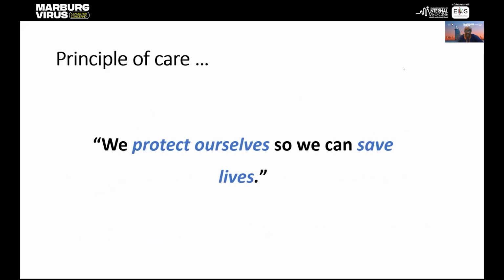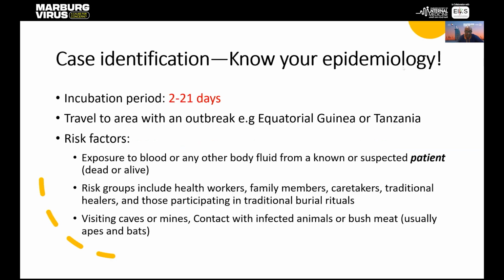So the principle of care for a patient with high consequence infectious diseases is we protect ourselves and our staff so that we can then save lives. We don't expose staff to a potentially lethal infection and end up with an outbreak and losing staff.